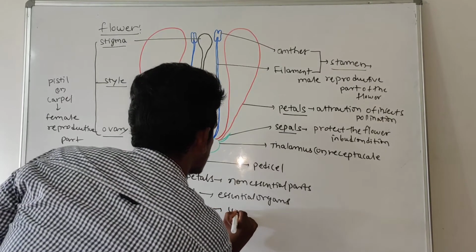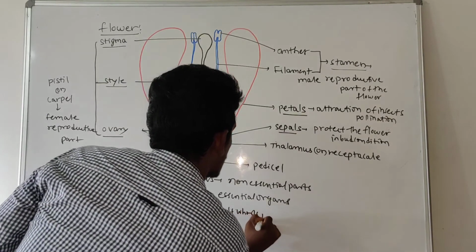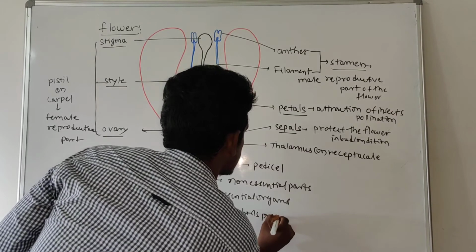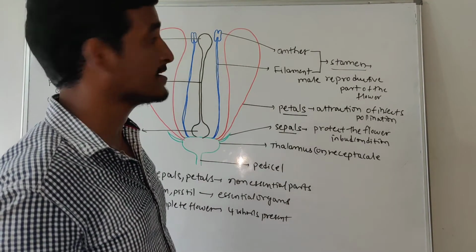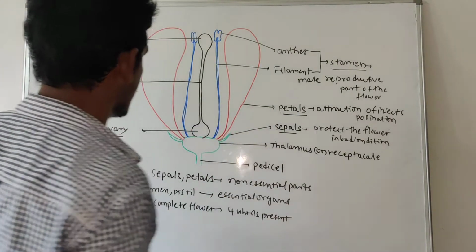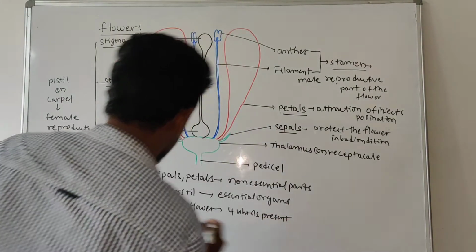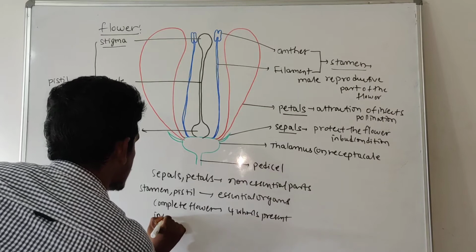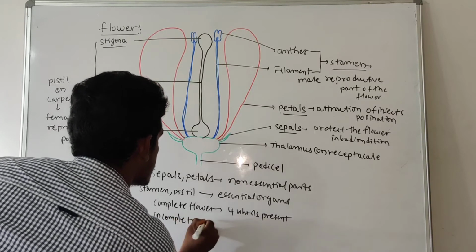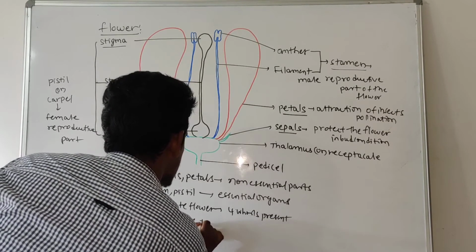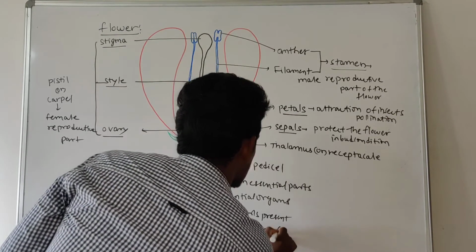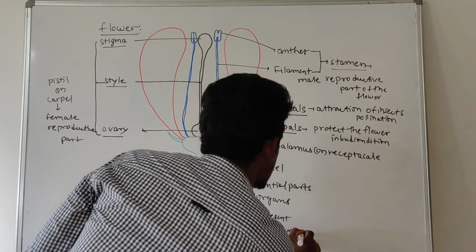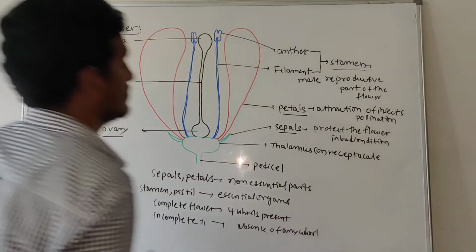Complete flower means four whorls present. If any whorl is missing, then we call it an incomplete flower, the absence of any whorl.